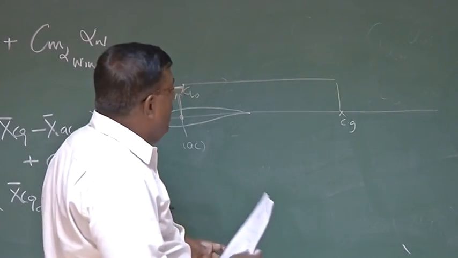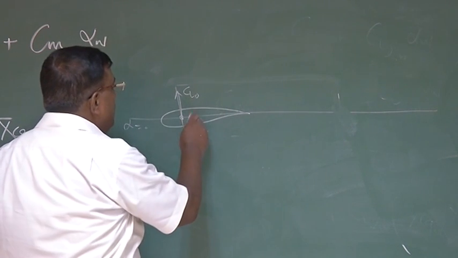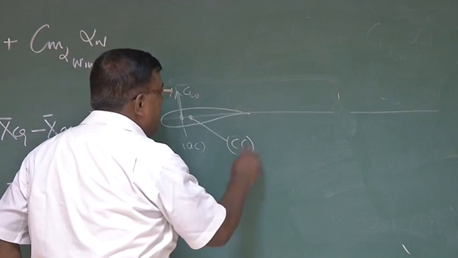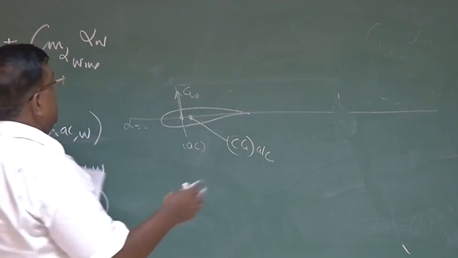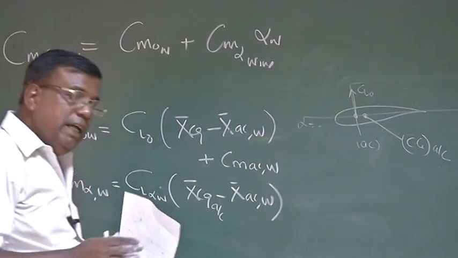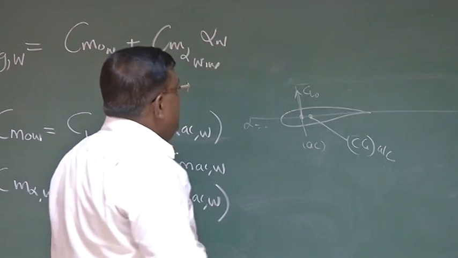In practice, what we'll find, AC of the wing and CG of the whole airplane will be somewhere very close. So this is the CG of the whole aircraft. This diagram is exaggerated to make you understand, but actually you'll find the AC of the wing and CG landing here, they will be almost very close, right? But what is important?